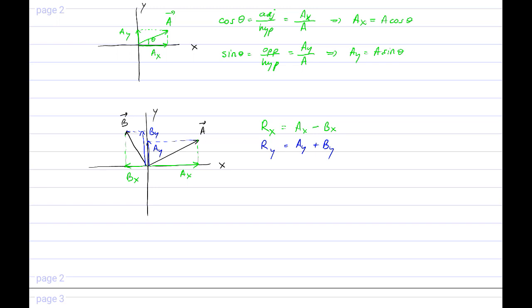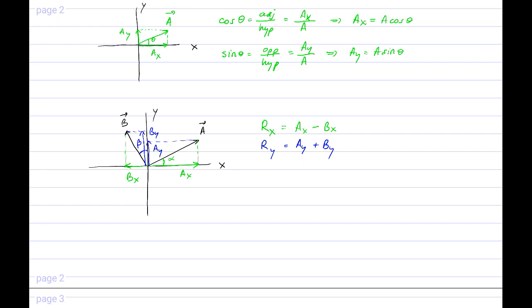Now, I didn't specify any angles. Let's do that now. So say that this angle is beta, and so that's the angle that vector B makes with the y-axis. Let's say that the angle that vector A makes with the x-axis is alpha.